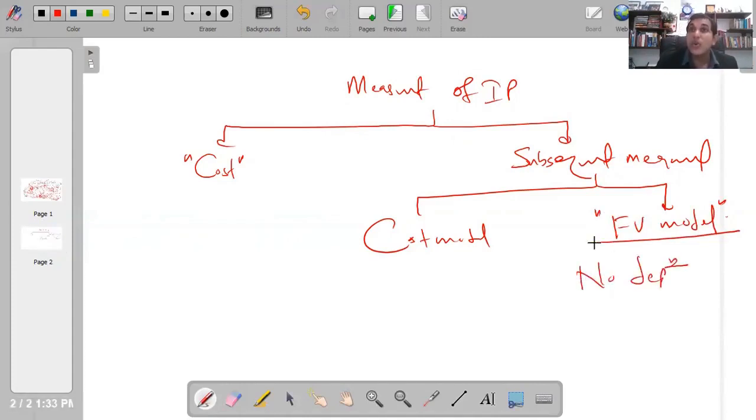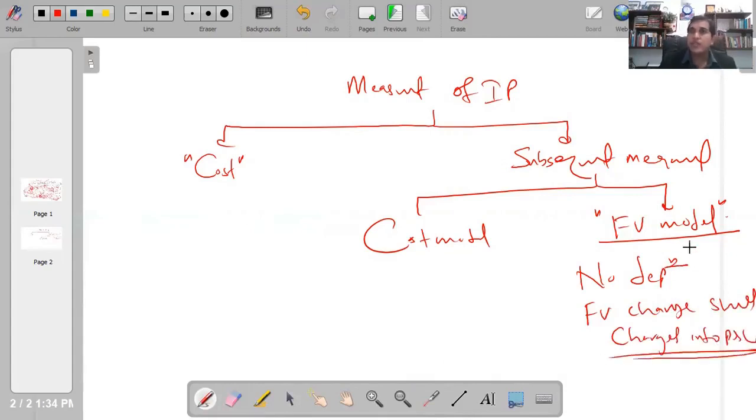If that is a building, no depreciation. Each and every year, professional valuers should do the valuation, and the valuation change, the fair value change, should be charged into P&L. Please keep that in your mind. If you need, you can write down. I will give a couple of minutes.